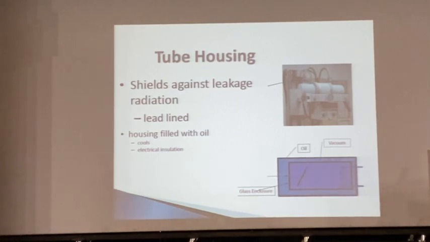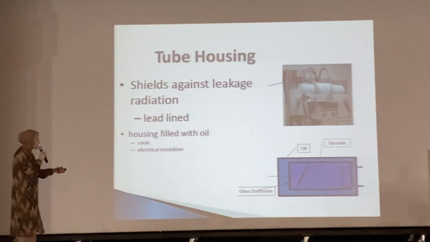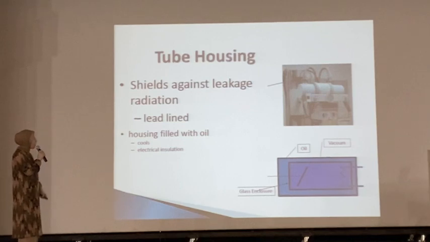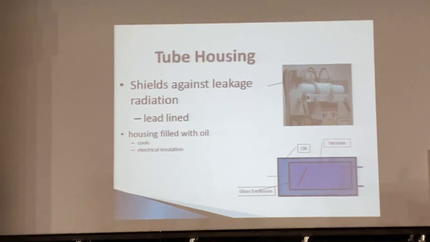Okay? And we have what is called the house. The house is filled by the oil, as I said. This is the vacuum. These are the electrodes, the cathode, the anode, in the vacuum. This is the glass envelope, and this glass envelope is surrounded by oil. Why oil?